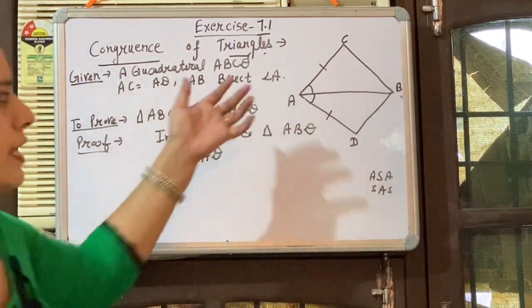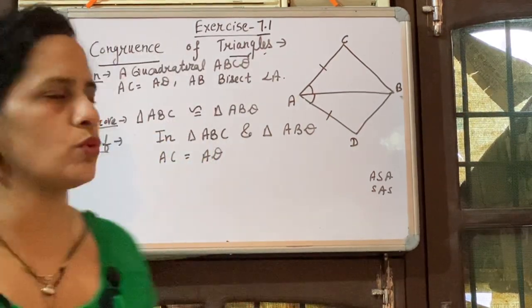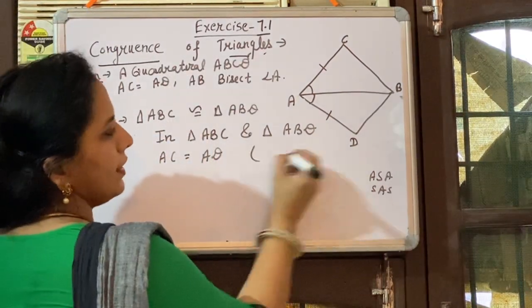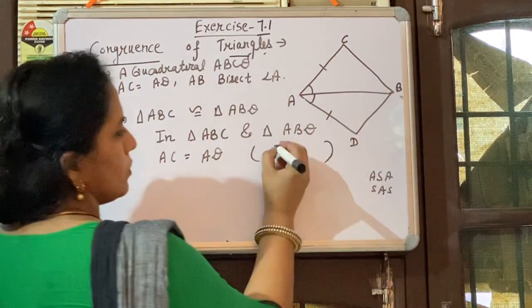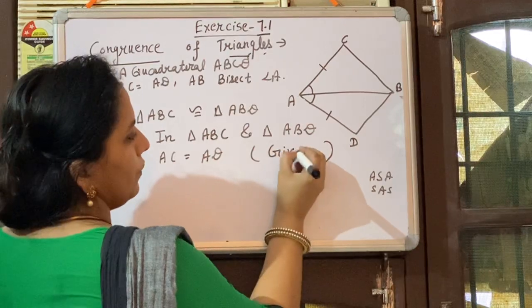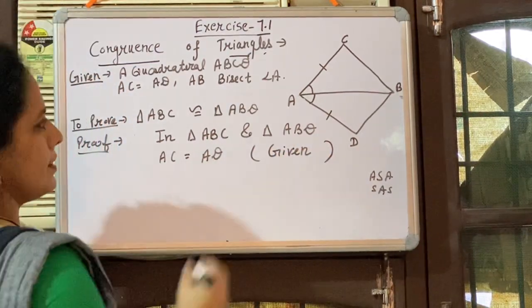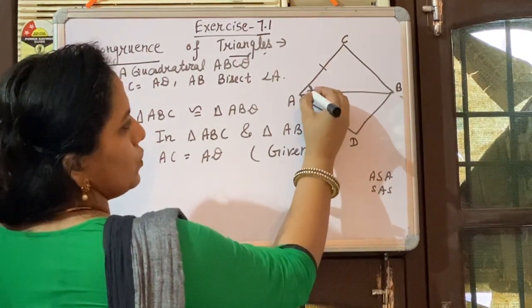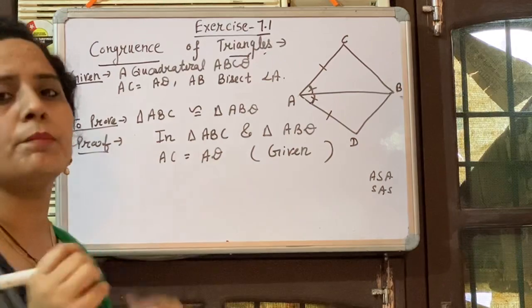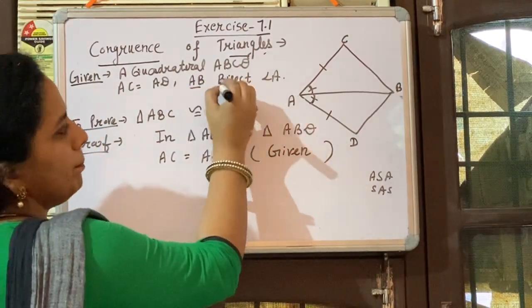But how these sides are equal? We don't know. It is totally given in the question. So you have to write the reason in the bracket that it is given. Next is this angle. These two angles are equal in measurement because it is given in the statement that AB bisects.